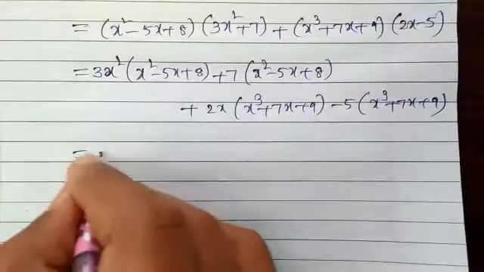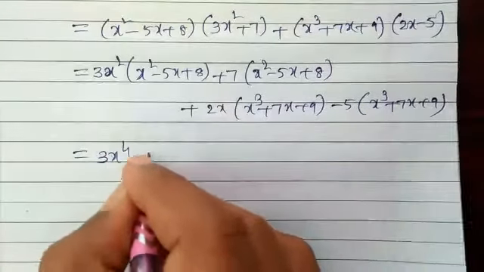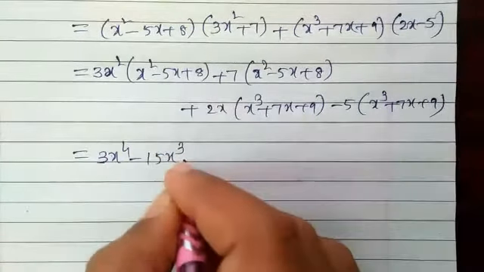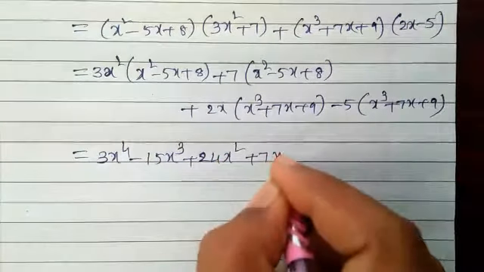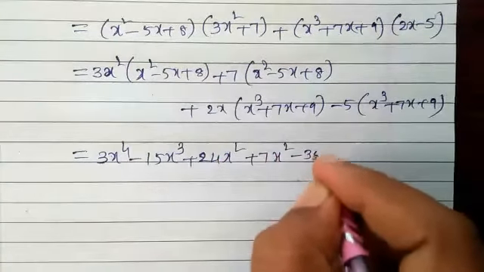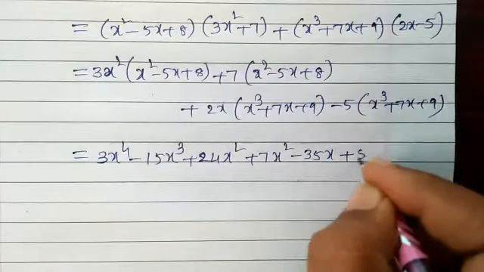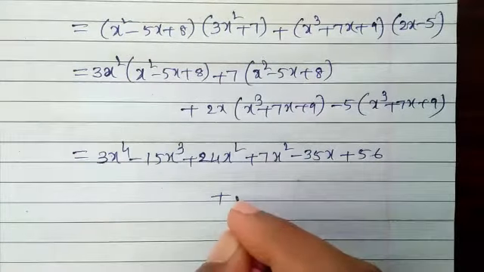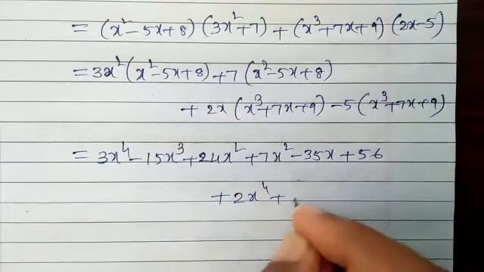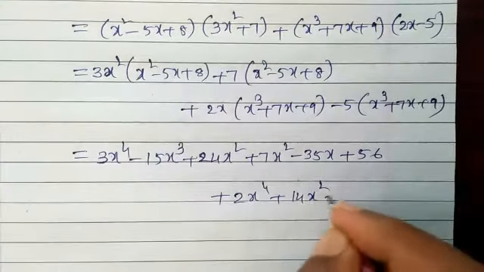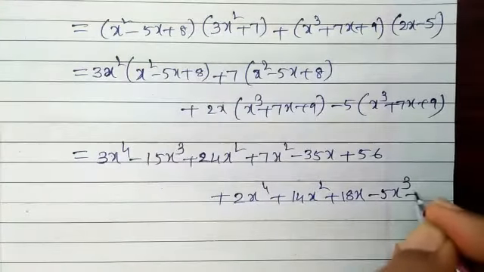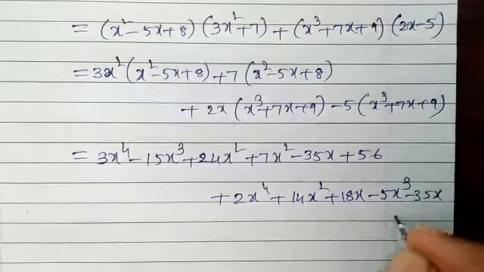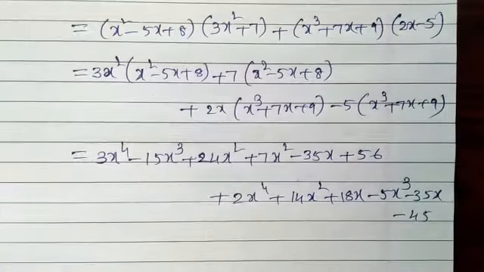Multiply it. 3x to the power of 4, 15x cube, 24x square, 7x square, minus 35x, plus 56, plus 2x to the power of 4, 14x square, 18x, minus 5x cube, minus 35x, minus 45.